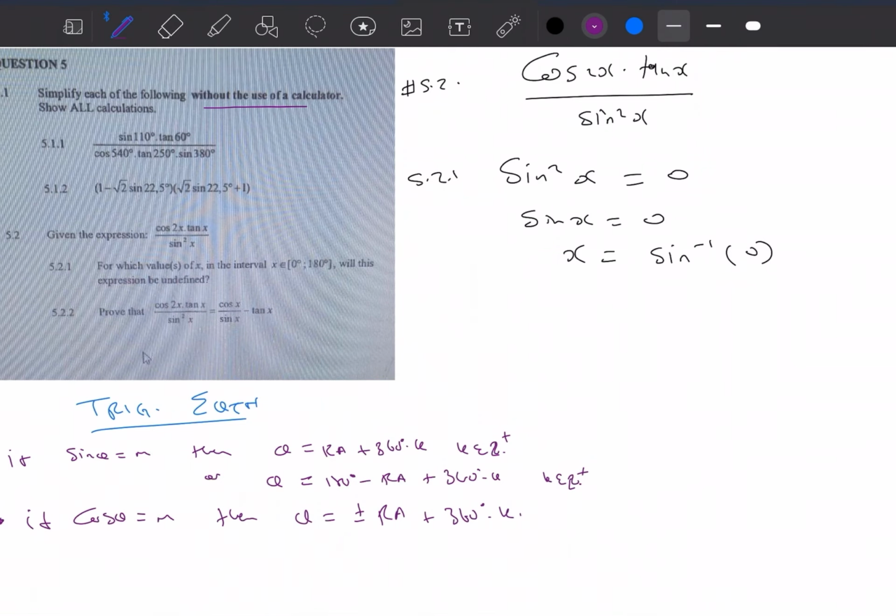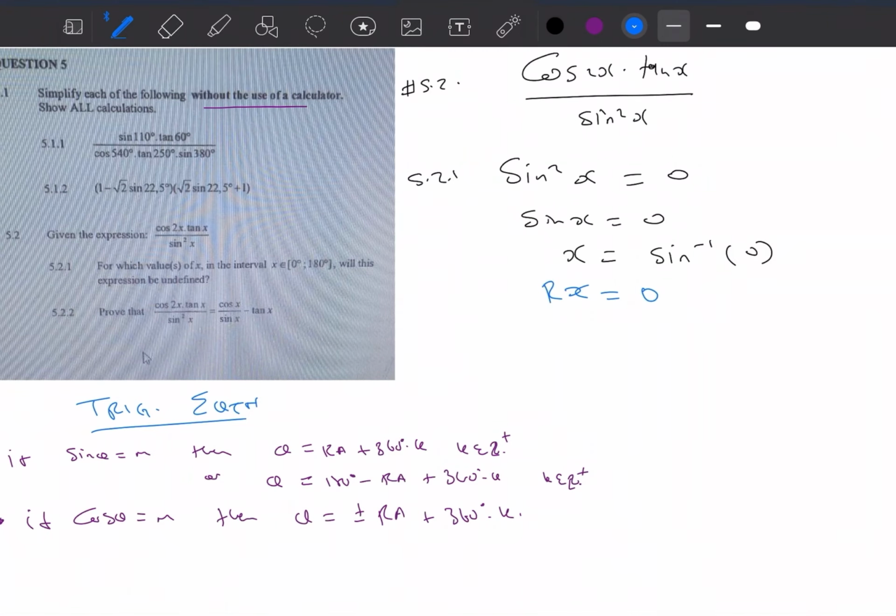What is a reference angle? Somebody's asking, what is a reference angle, Percy? A reference angle is the angle that you get by punching in your calculator, for example, sine inverse of 0 is equal to 0.